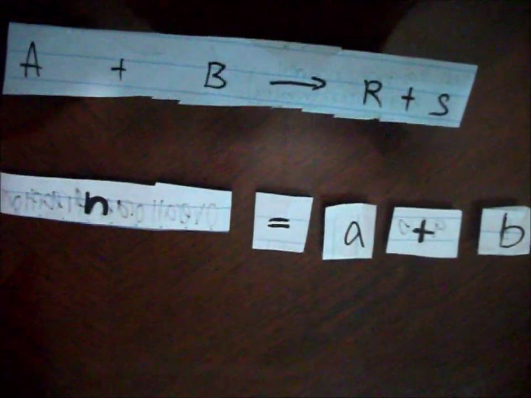Now that we have an idea of the overall order of reaction, let's get back to the question, where reactant A forms product R. The order of reaction with respect to A is this small a, and in this case it is equivalent to 1.